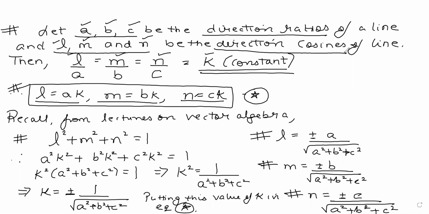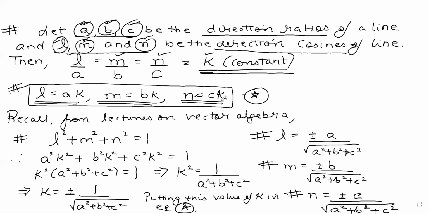Since direction ratios are proportional to direction cosines, L upon A is equal to M upon B is equal to N upon C, all equal to some constant K. So L is equal to AK, M is equal to BK, N is equal to CK.